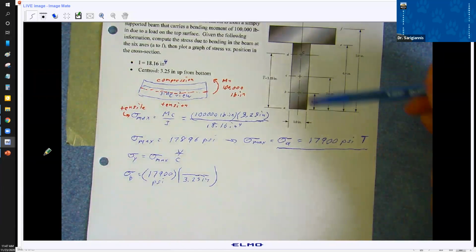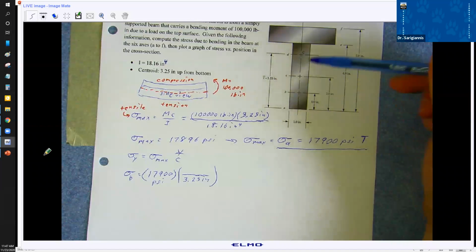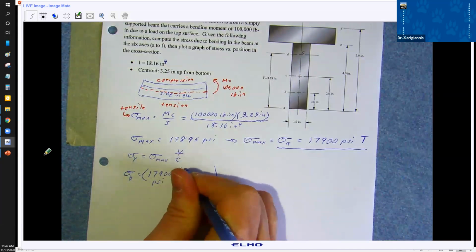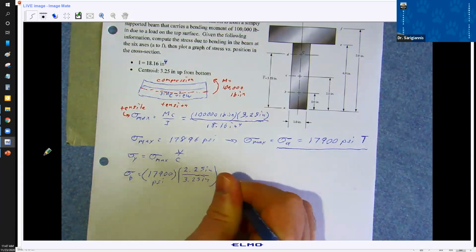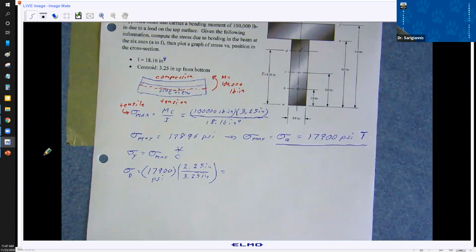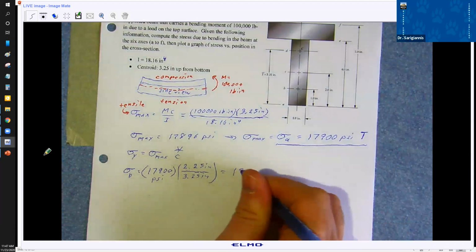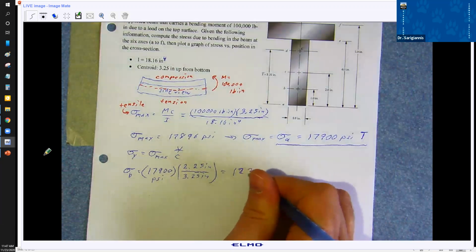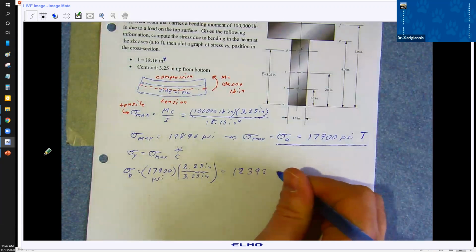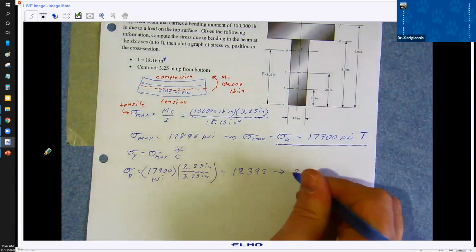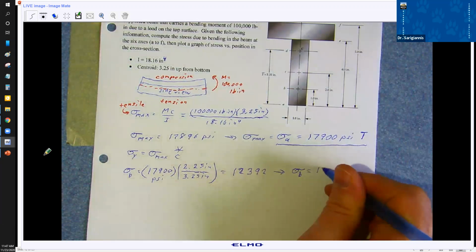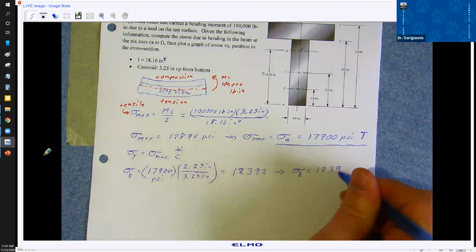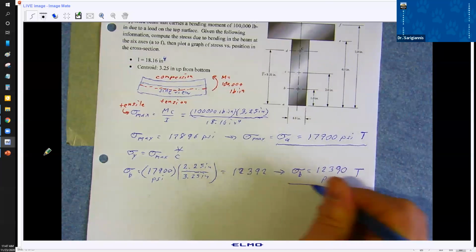It's 3.25 inches minus 1, so it's 2.25 inches away from the centroidal axis. So this is 12,392, which I'll round to 12,390 psi, and this is also in tension.